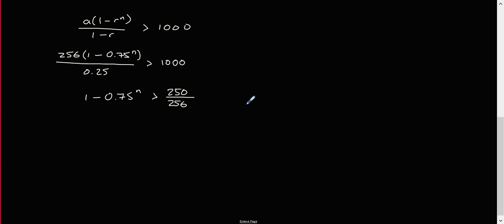And from here, it's just a case of solving. So we'll multiply both sides by 0.25, and then divide by 256, so we end up with 1 minus 0.75 to the n greater than 250 over 256. Then we'll rearrange this. So we add 0.75 to the power of n to both sides. We take away 250 over 256 from both sides, and we get 6 over 256 greater than 0.75 to the power of n. All right, so hopefully you can see what I've done there.